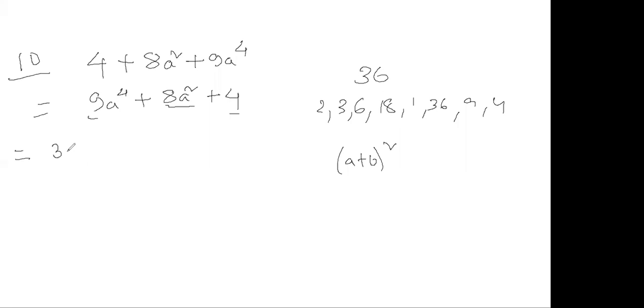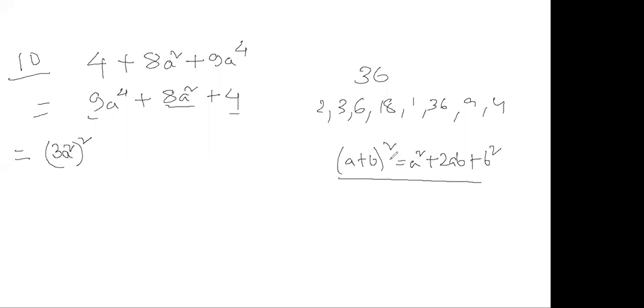We can write it as 3a square whole square. We'll try to convert this into the formula a plus b whole square, a square plus 2ab plus b square. Try to compare this. So I got 3a square, which should be my a.